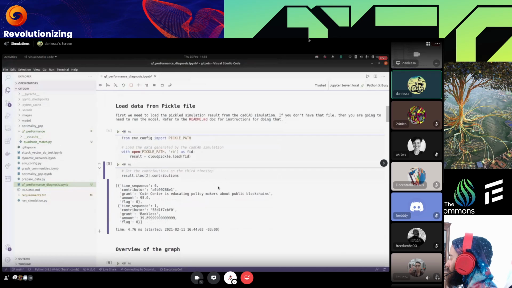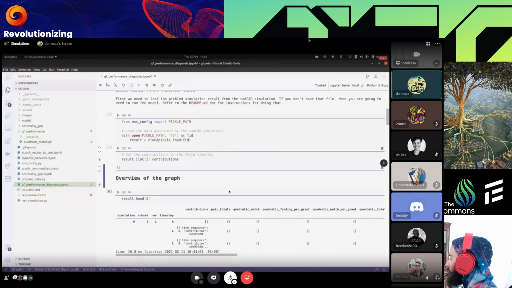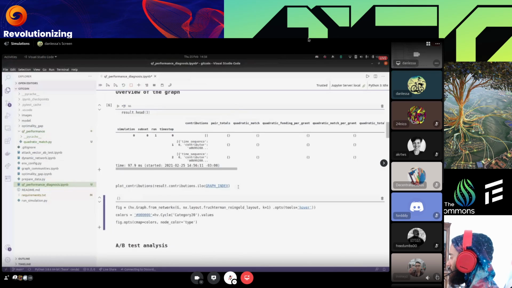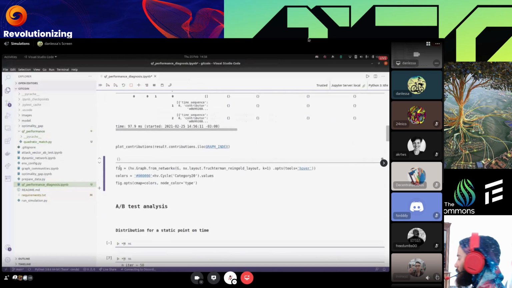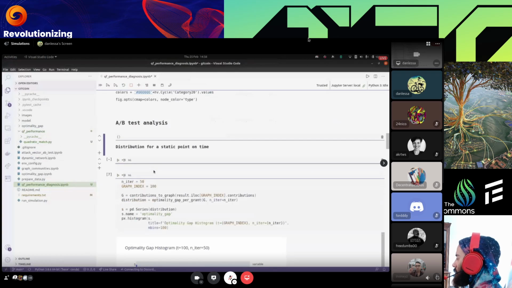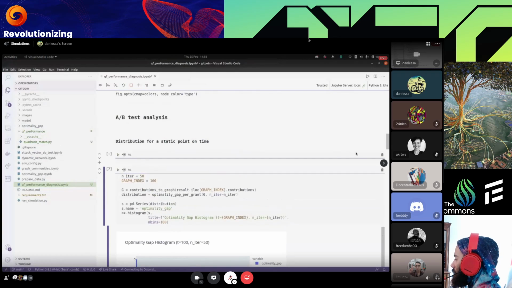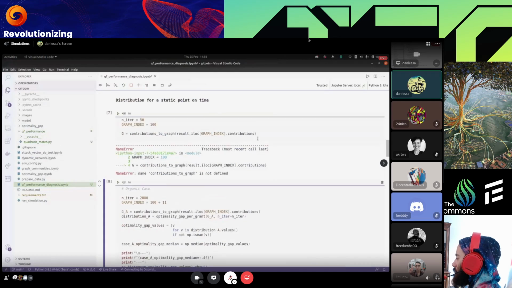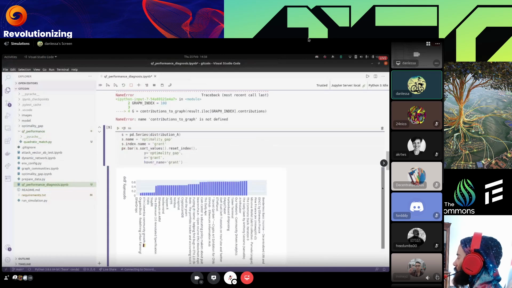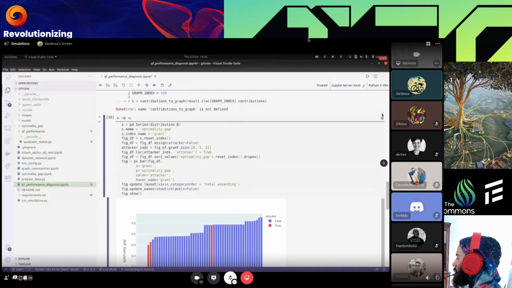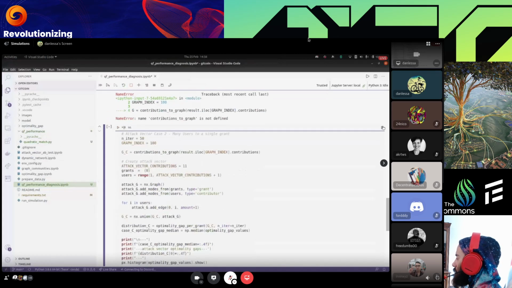Now I'm loading the data here. There are also some things here about visualizations, and I'm going to delete the things that I put for the EB test that we sorted out two weeks ago.